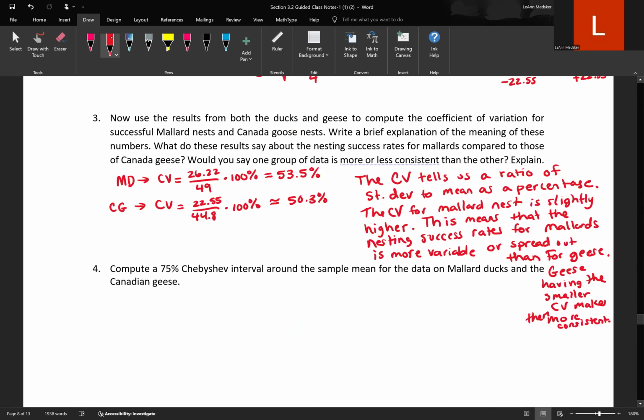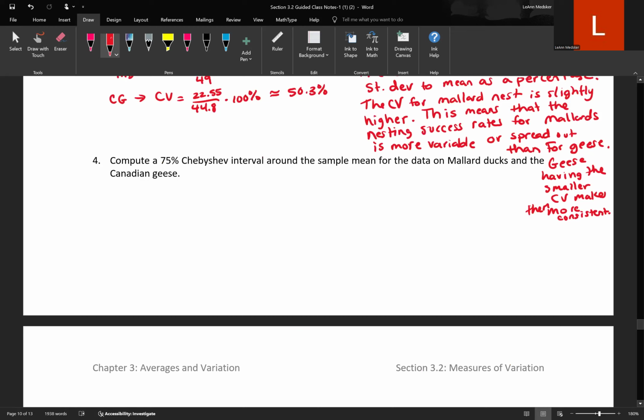So I'm going to write that in formula form here. For the mallard ducks, 49 was the average for the mallards. We would subtract 2 standard deviations, so times this by 2, and then we'll subtract. And we'd take the mean, which was 49%, and we'd add 2 of the standard deviations.